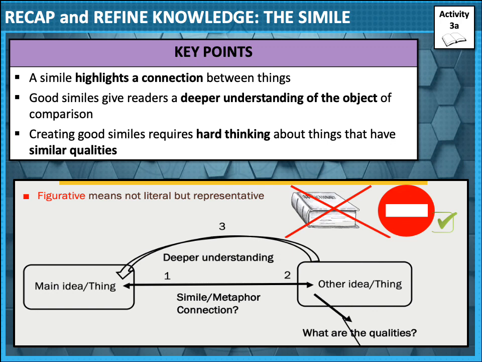Now, in your example, there is a well-known simile that we use in everyday speech. Her head was like a sieve. In that example, the main idea is her head, and we need to learn something more about that. What is it being compared to? A sieve. A sieve is a kitchen utensil that's designed to drain the extra fluid out of things.